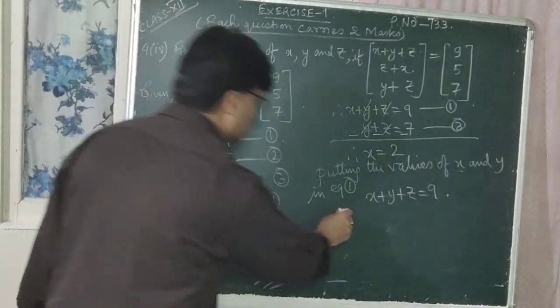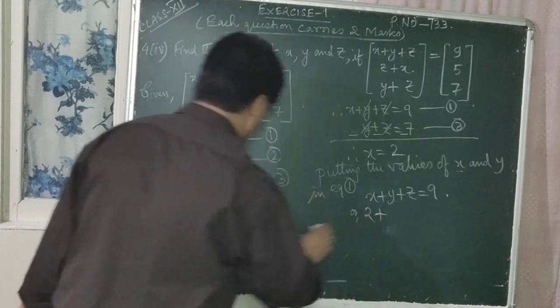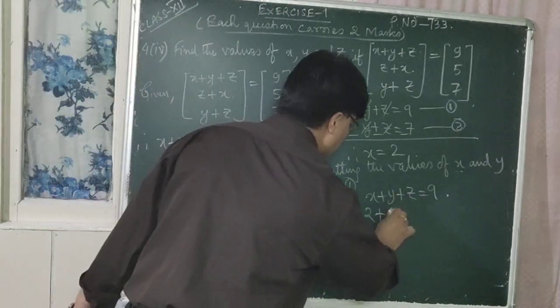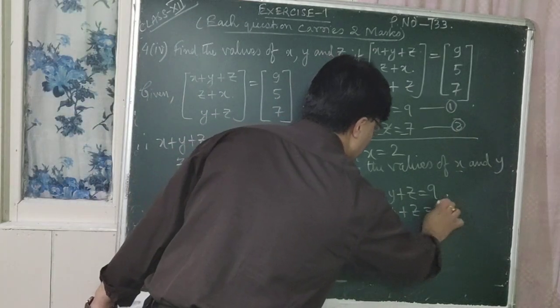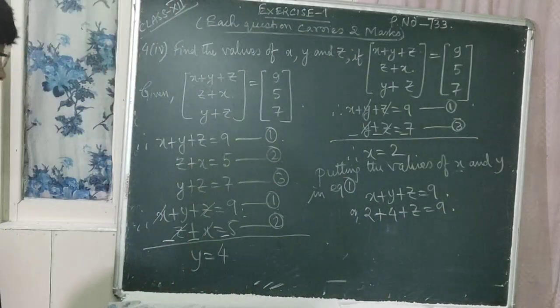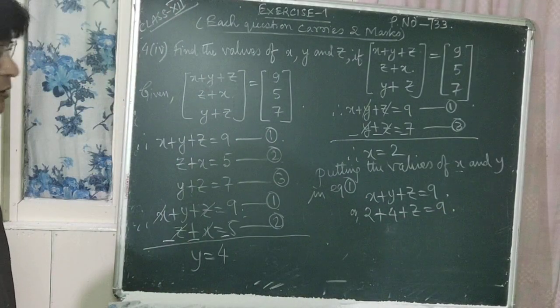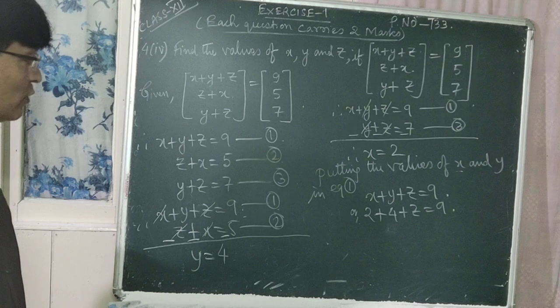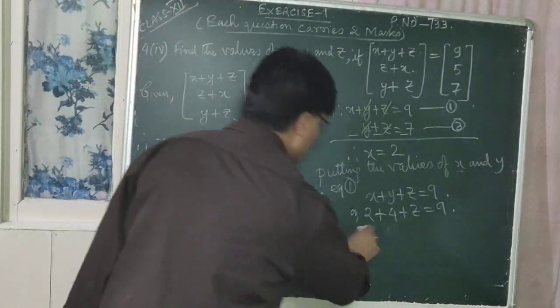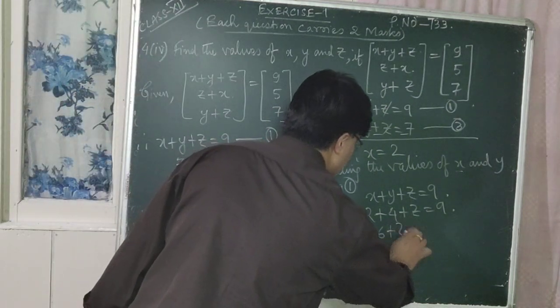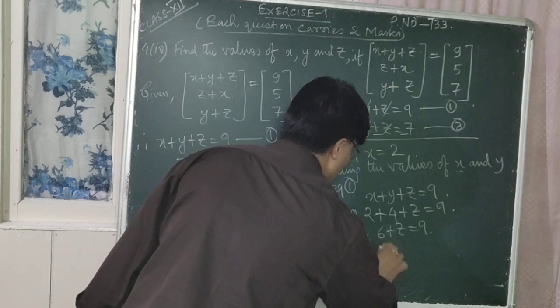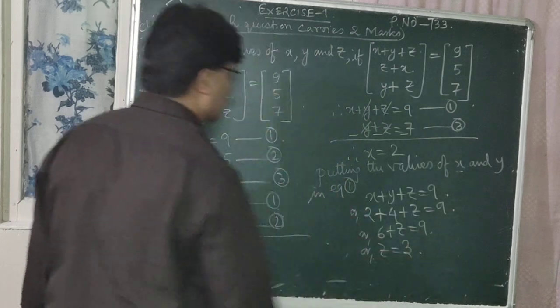Let us put the value for x, which is 2, plus the value for y, which is 4, plus z is equal to 9. So it is 6 plus z is equal to 9. So the value for z is 9 minus 6, which is 3.